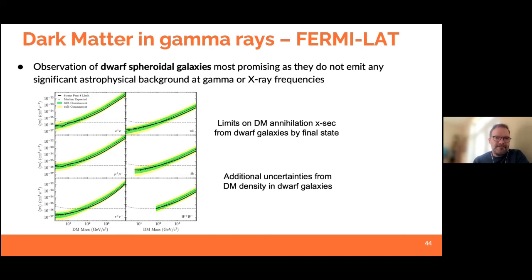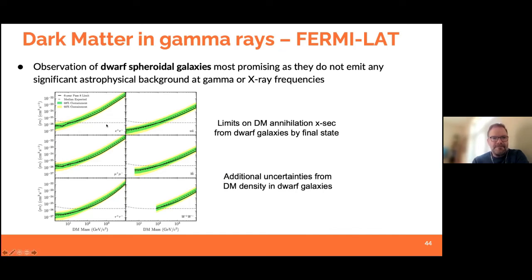You can see them here on this plot by final state. The horizontal axis is again the dark matter mass, and on the vertical axis you have a limit on the velocity averaged annihilation cross-section into different final states. It's very small, I'm sorry.